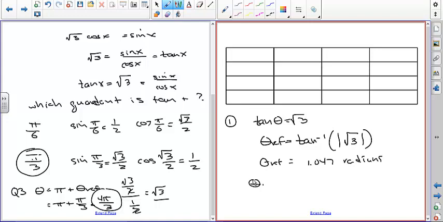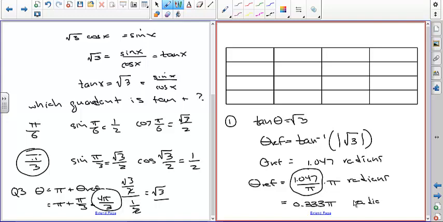Then you convert that to some multiple of pi, so we take 1.047 and divide by pi, and you get 0.333 pi radians, which is pi over 3.